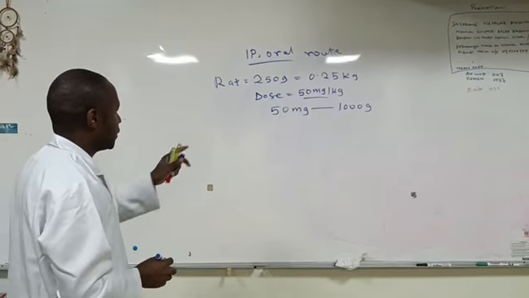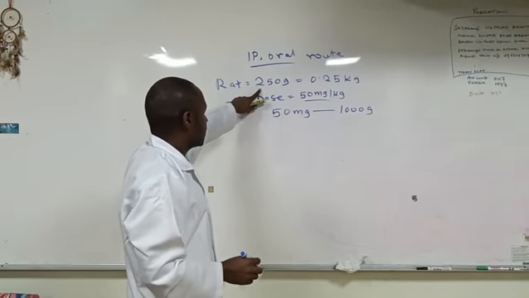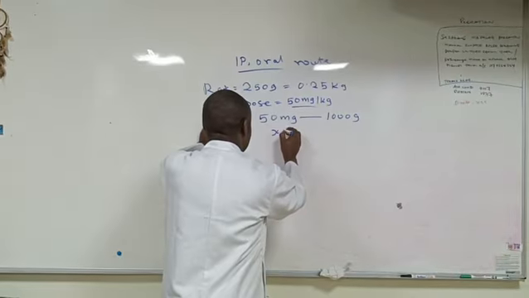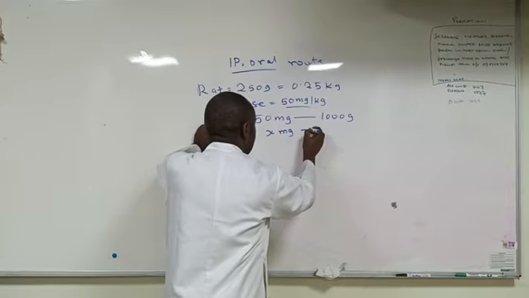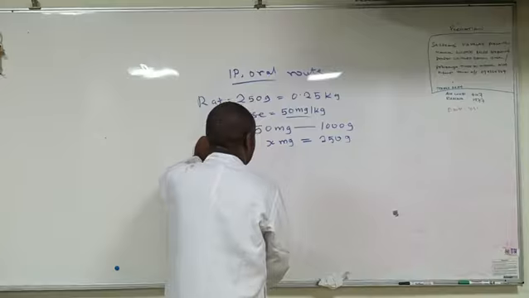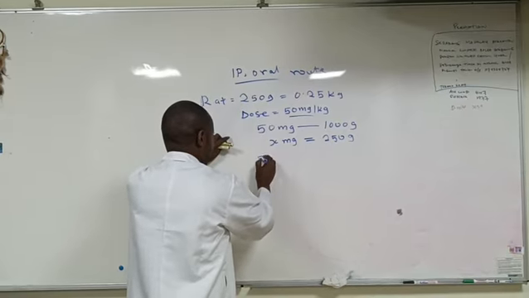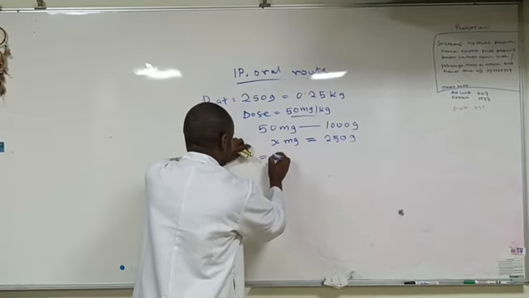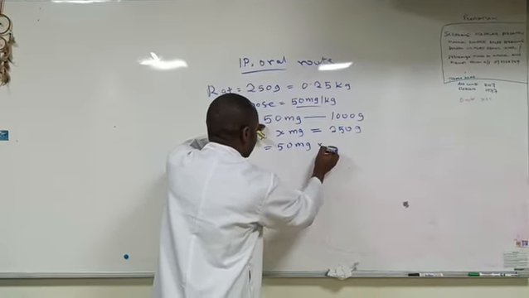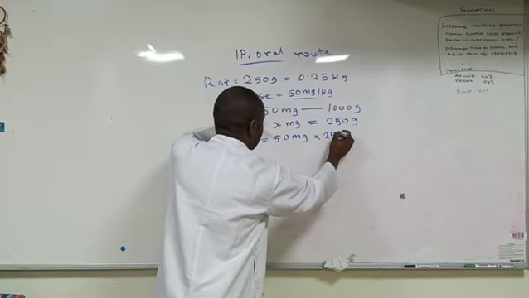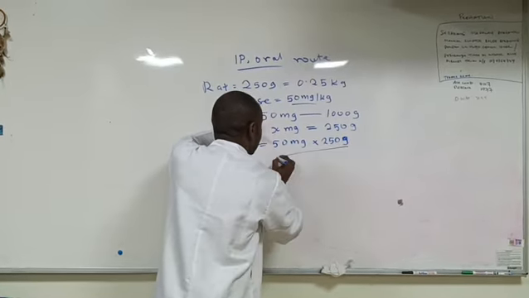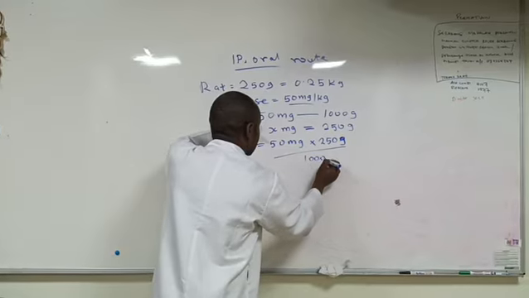So since our rat in this case is weighing 250 gram, we can say the X milligram administered in this 250 gram rat is going to be 50 milligram by 250 gram, then divided by 1000 gram.